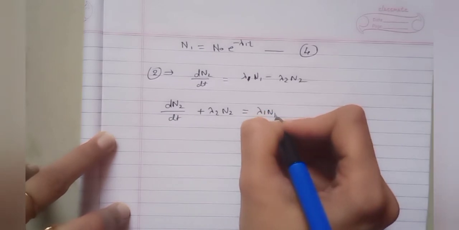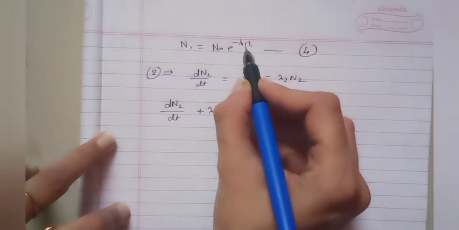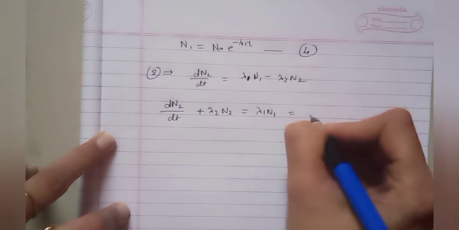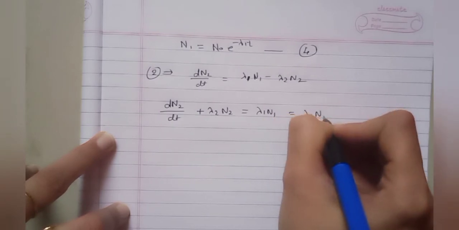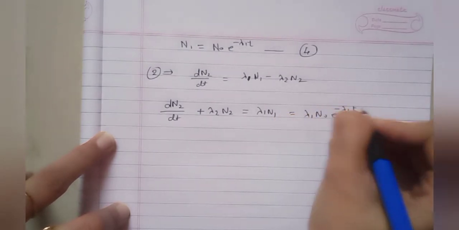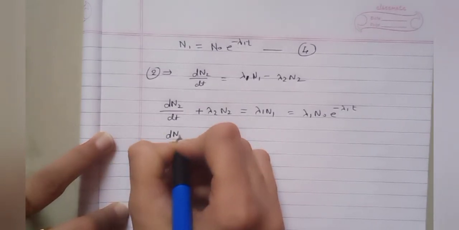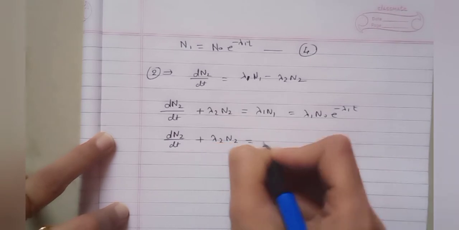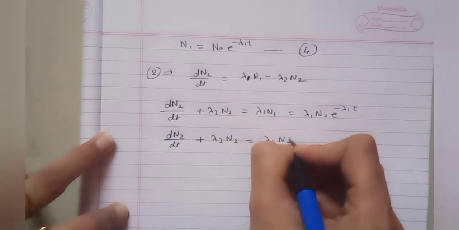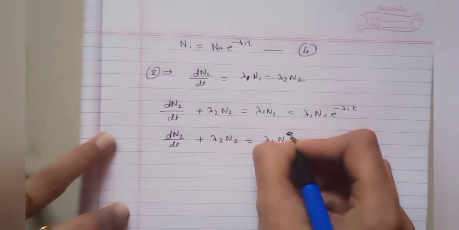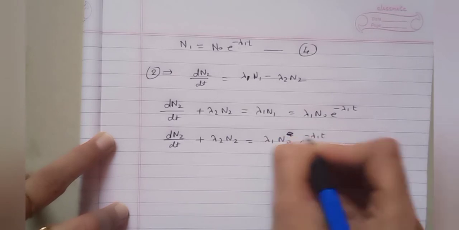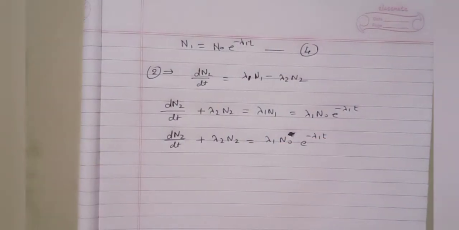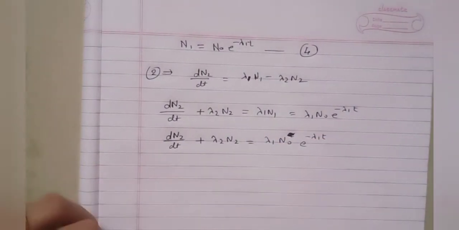And n1 equals n0 e raised to minus lambda 1 t, so I will substitute that value of n1. Basically, what I am getting is dn2 upon dt plus lambda 2 n2 equals lambda 1 n0 e raised to minus lambda 1 into t.